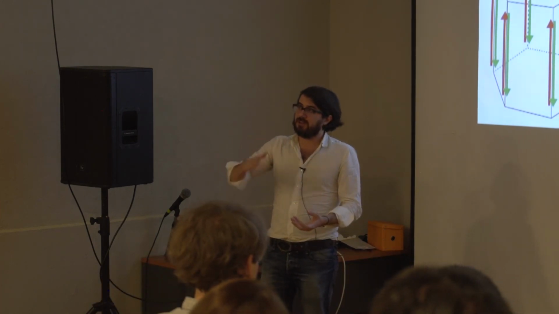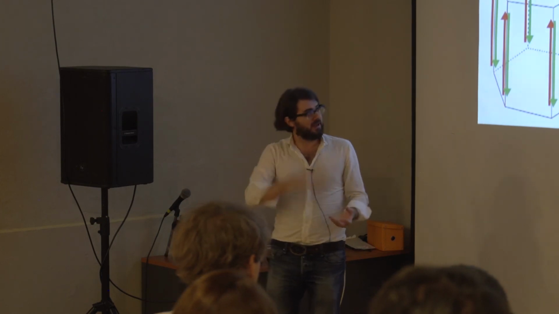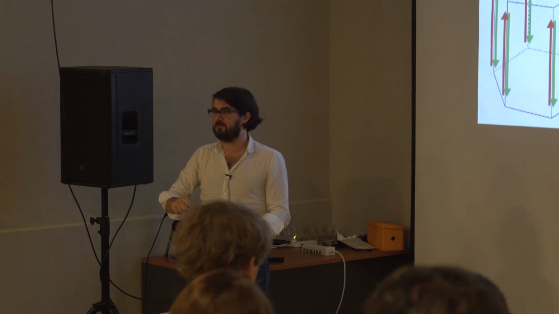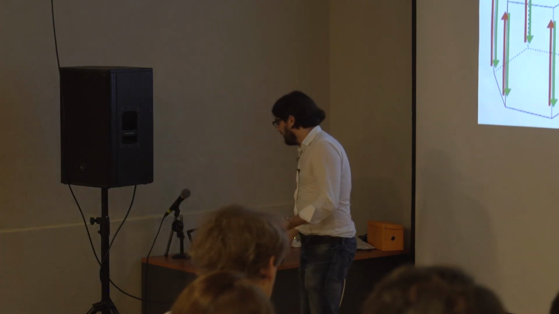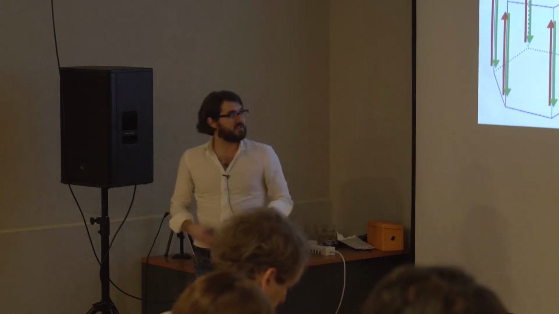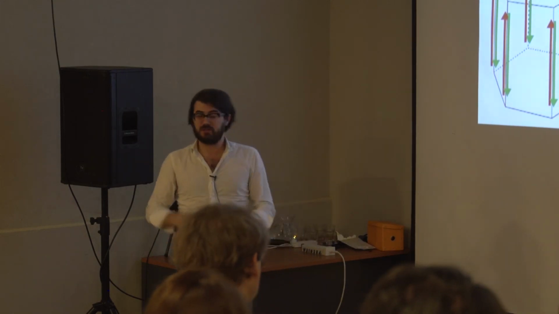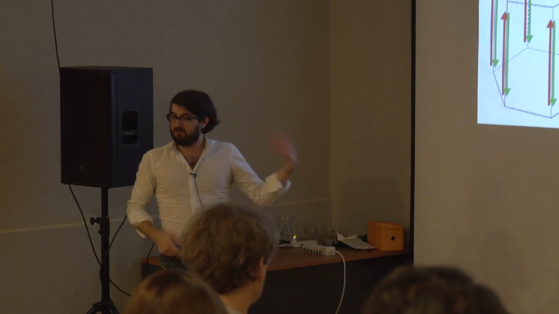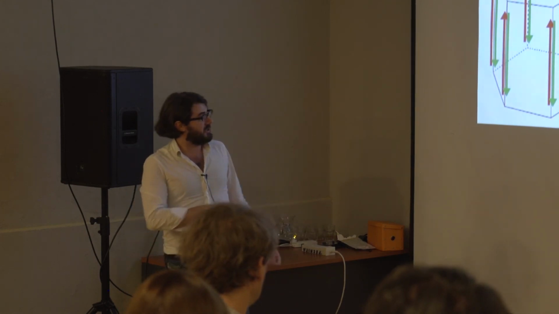It's twice band inverted, except the band inversion happens in two different C3 sectors. So it's not a Z2 time reversal invariant surface state topological insulator, because the two band inversions happen in different C3 subspaces. And the result is that you actually get these hinge states.